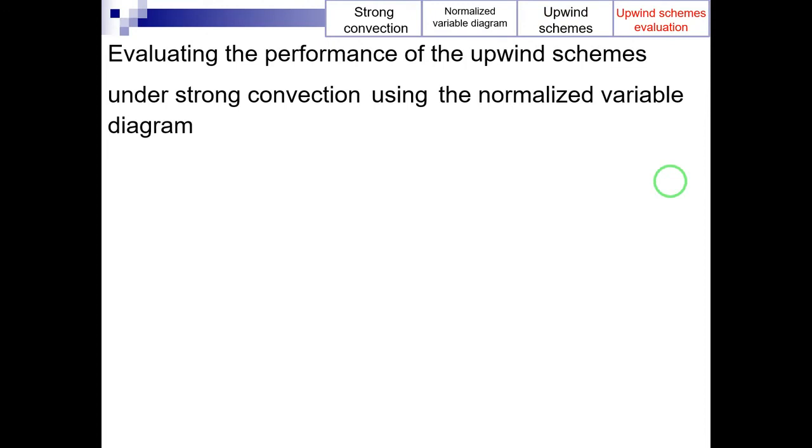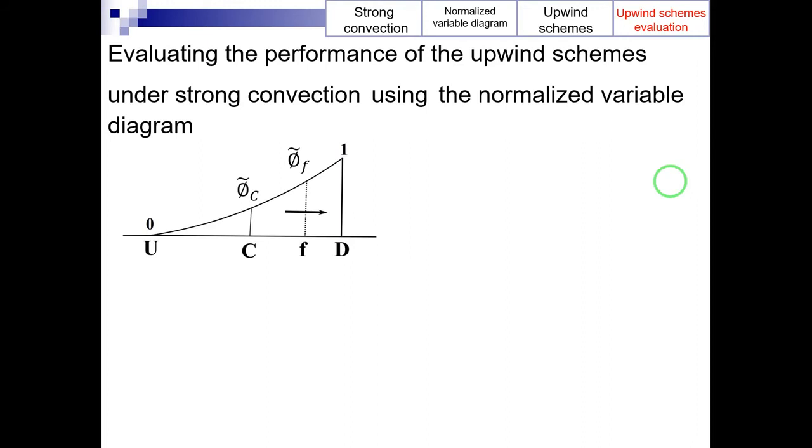As I mentioned earlier, to evaluate the monotonicity and accuracy of these schemes, we are going to use the normalized variable diagram, a plot which describes the locally normalized convected control volume phase value with respect to the normalized adjacent upstream node value as shown in this figure.